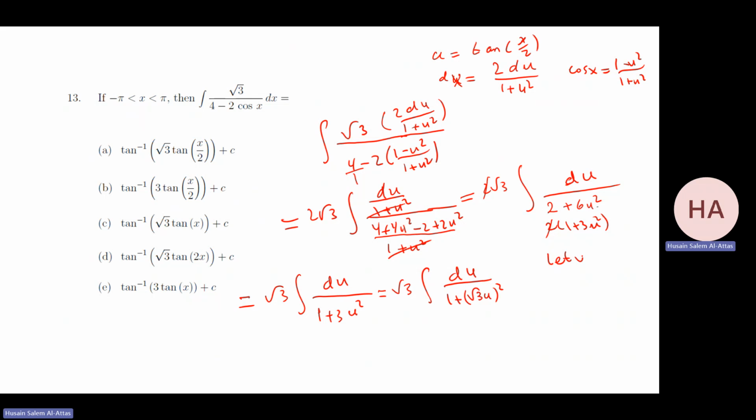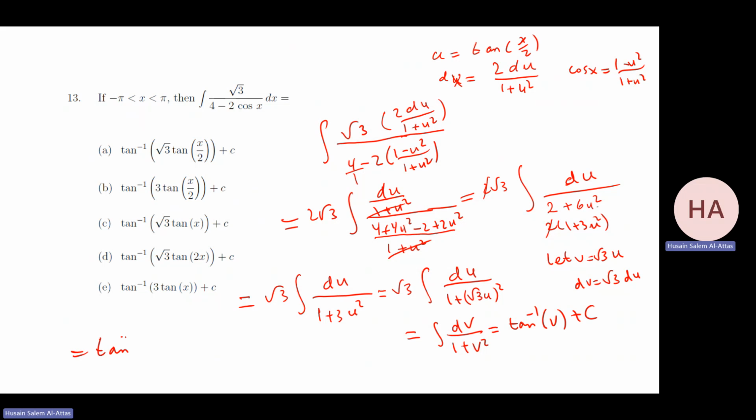Now I let v be the square root of 3u to make it ready in terms of tan. dv will be square root of 3 du. So I have dv over 1 plus v square, and that is what? Tan inverse of v plus c. And that is equal to what?